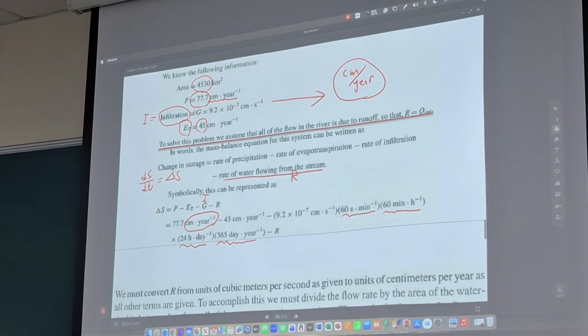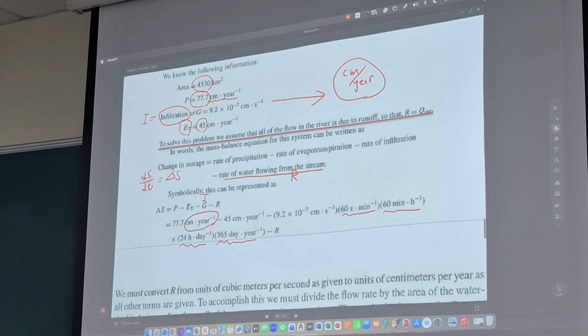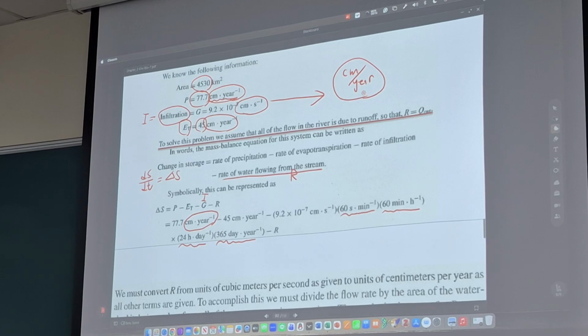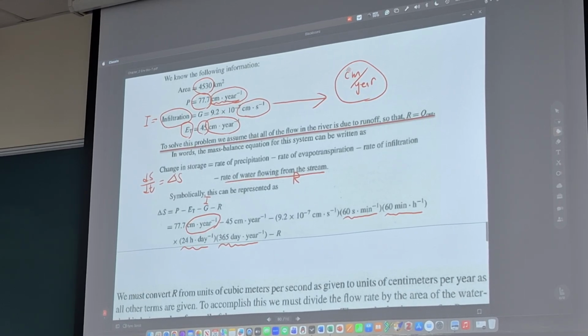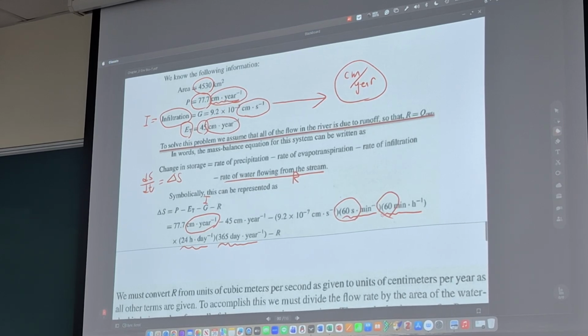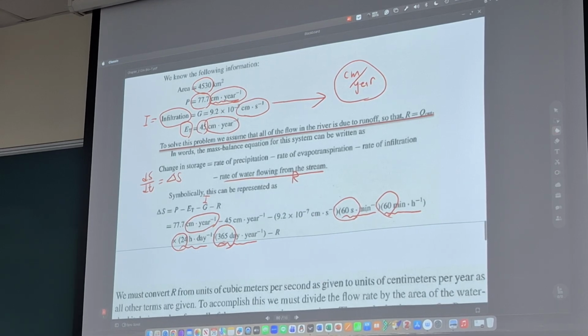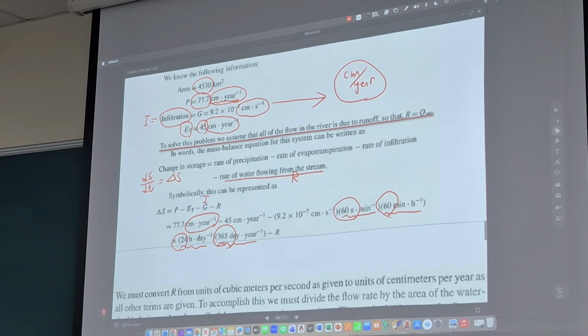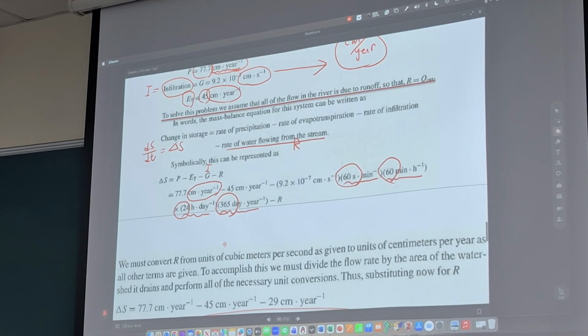In the previous question, we changed everything into tips, right? But in this question, we change everything into centimeters per year. So we need to type 60, 60, 24, and 365, because it is seconds: multiply by 60 to get minutes, by 60 to get hours, by 24 to get days, and by 365 to get years. Understand?